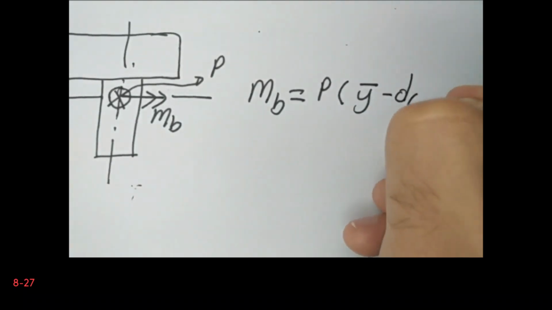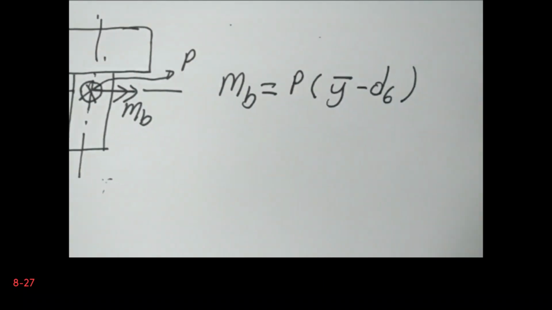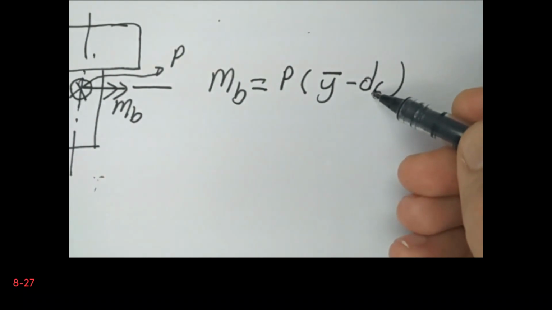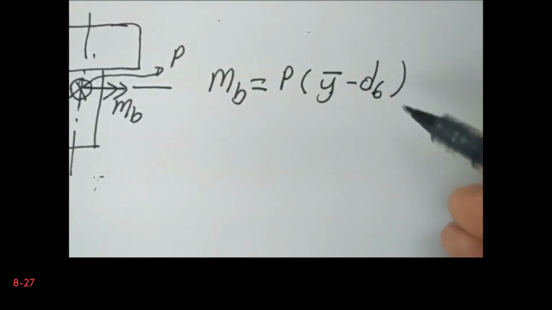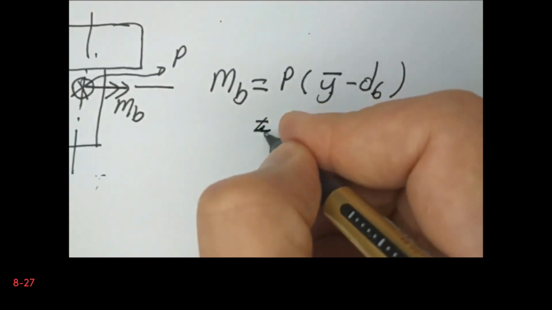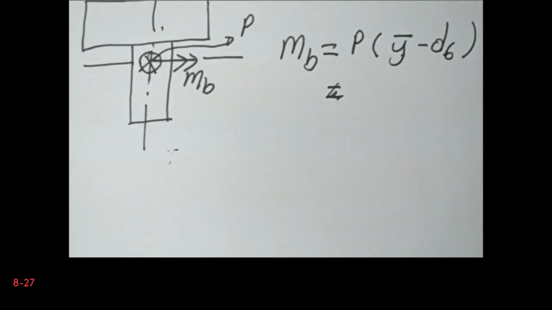So this is the distance; d6 is the distance to the reference point or edge, and this is the location of the centroid. So this distance is the moment arm. In fact, we don't know the magnitude of P, so let's leave it like this.